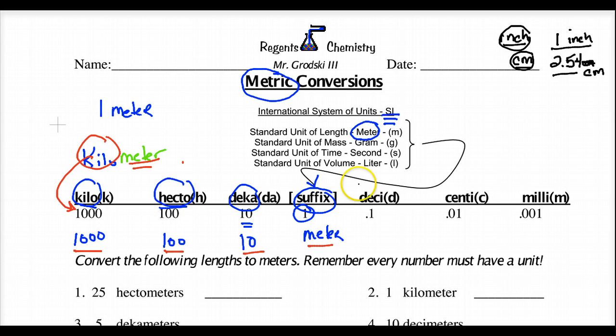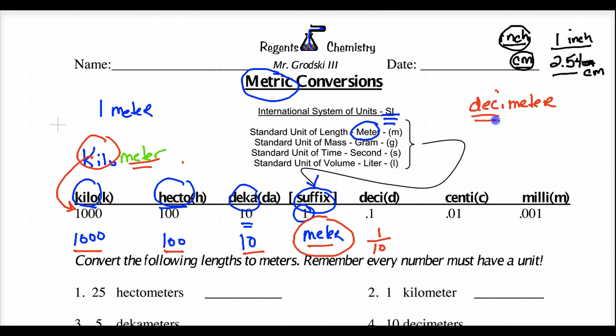Now, not only can I get bigger, I can get smaller. So if I have a meter, I can have 0.1 of a meter. If you're not really aware of what 0.1 means, 0.1 means 1/10, 1 over 10. So if I slice a meter up into 10 single units and I have one of those, it's called a decimeter.